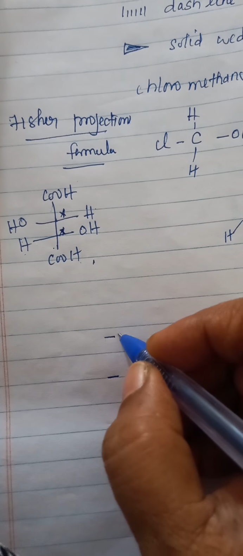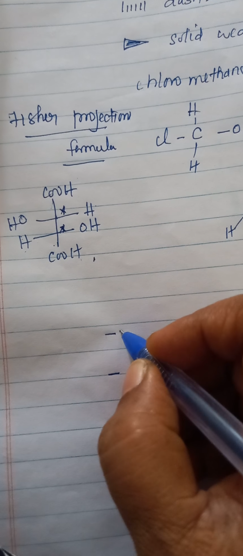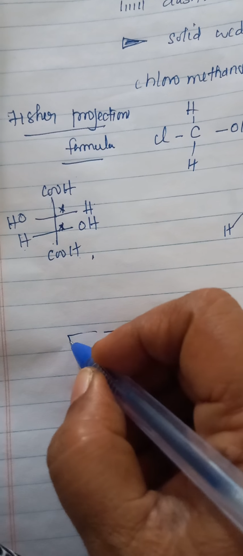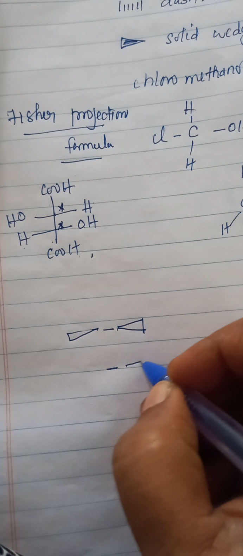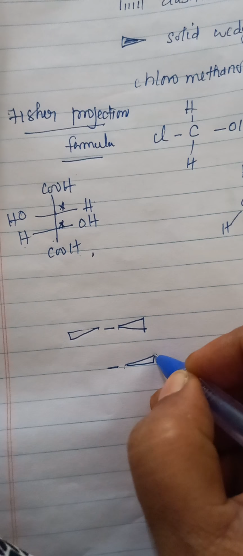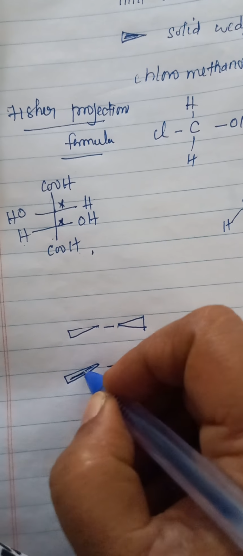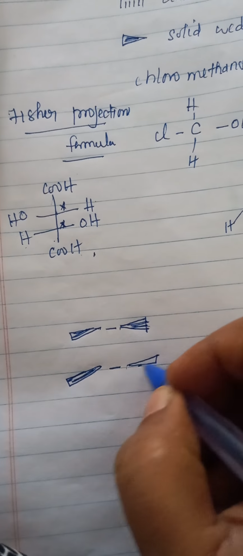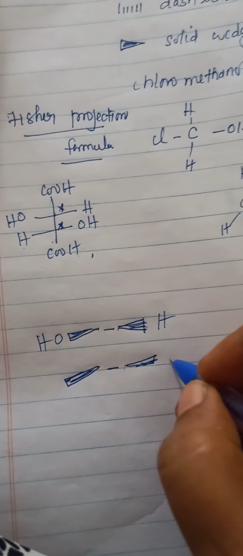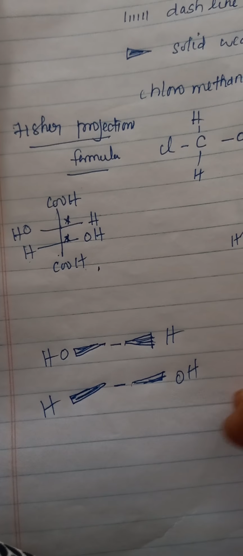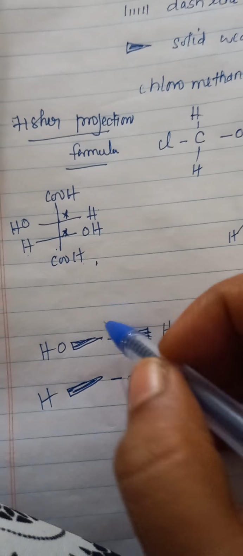Solid wedge, that is OH, H, OH, H. This is the bond towards the observer.